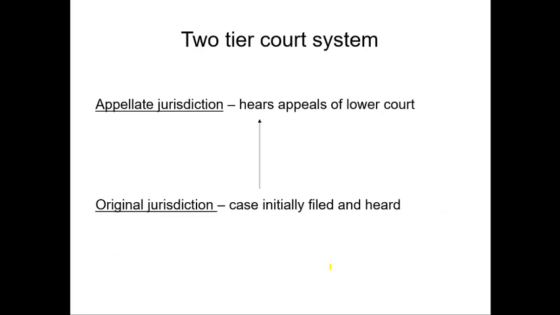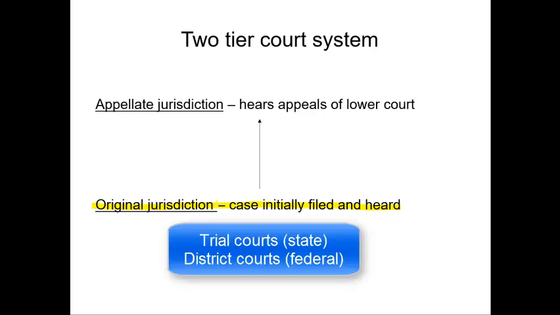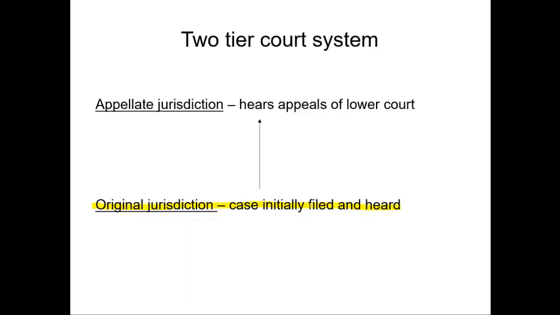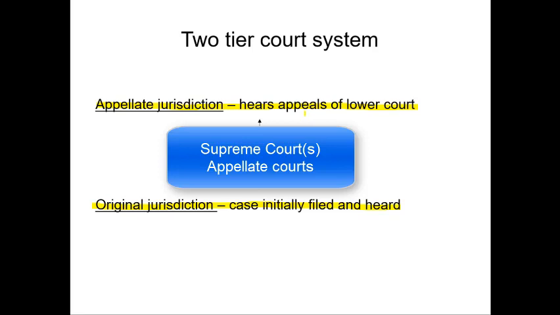Now let's talk about the 2-tier court system. And this is in both state and federal courts. Very broadly, very generally, what we have is original jurisdiction, which typically includes the trial courts, criminal and civil. And then if you want to go higher than that, you would go to the appellate jurisdiction, which includes the state appellate courts and the federal appeals courts.